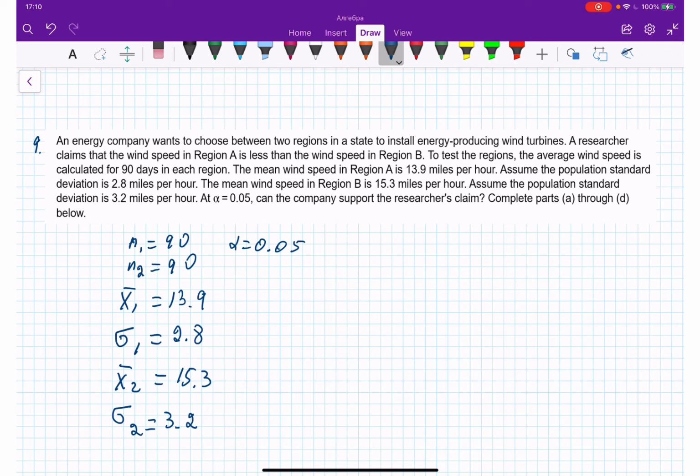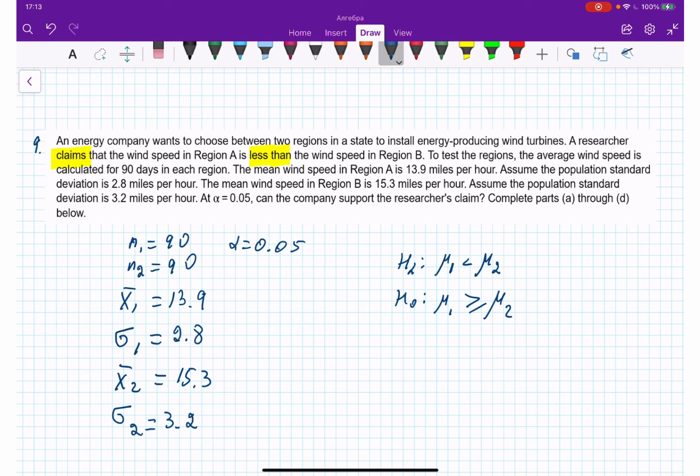It's claimed that the wind speed of region A is less than region B, right? That means our claim is the alternative hypothesis, mu1 less than mu2. That means the null hypothesis is mu1 greater than or equal to mu2, or sometimes they put only just equal.